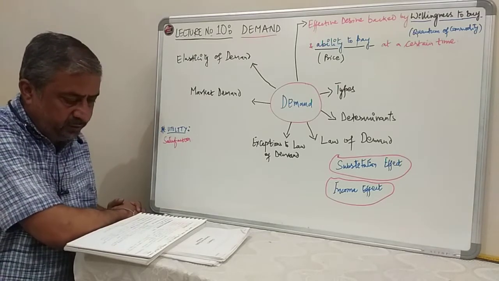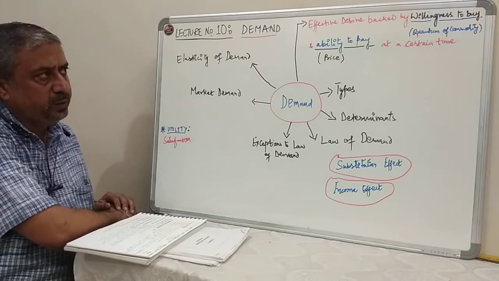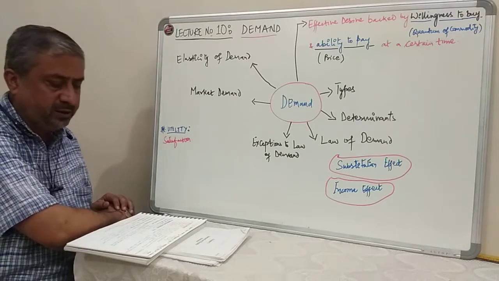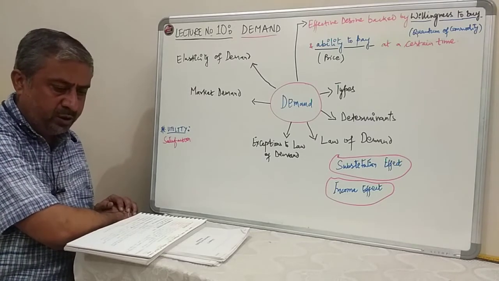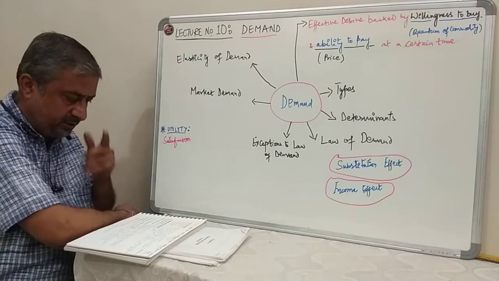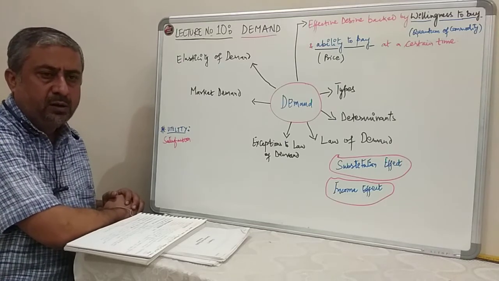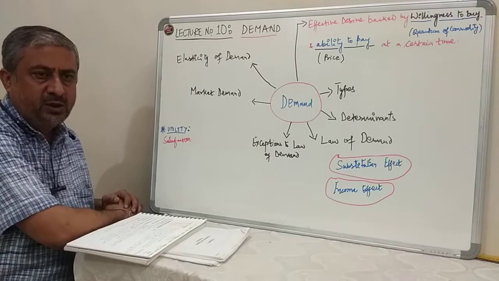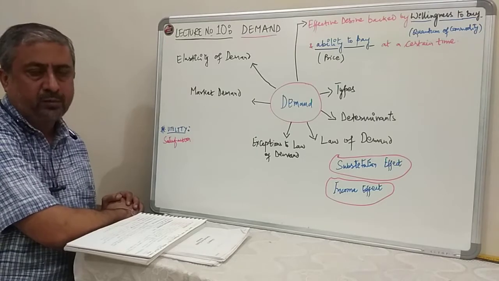As you know, demand is effective desire backed by willingness to buy and ability to pay, a quantum of commodity and price. Here, if you see, the more important factor is price. We generally see that if the price of a commodity is less, then the demand for that product is more.